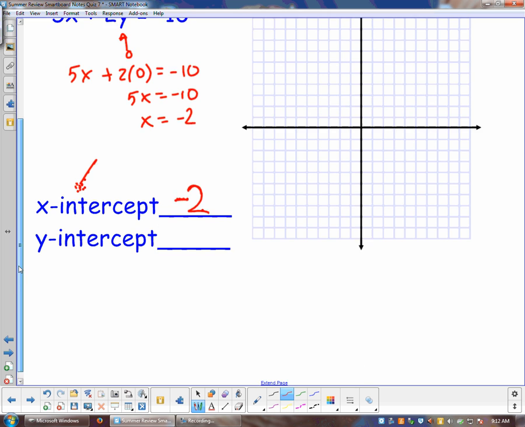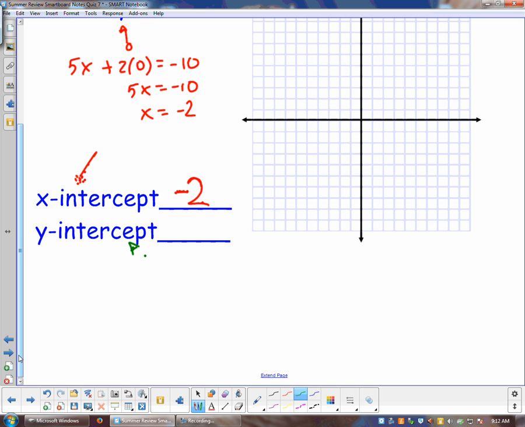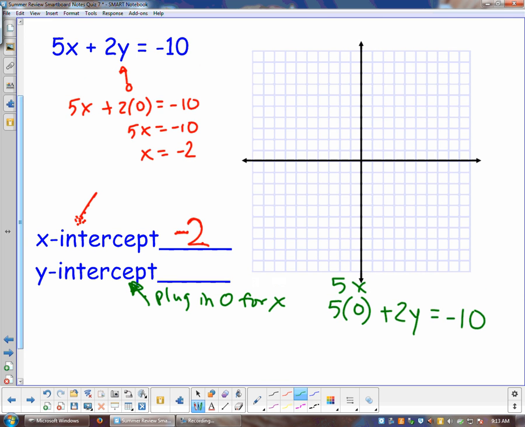And now if I want to find the y-intercept, I'm going to plug in 0 for x. So I'm going to have 5 times 0 plus 2y equals negative 10, because my original equation was 5x plus 2y equals negative 10.